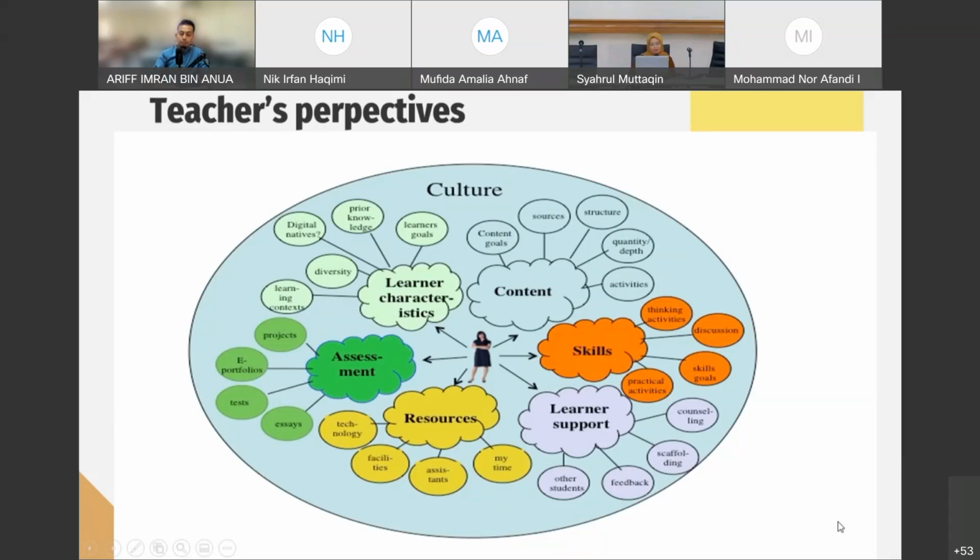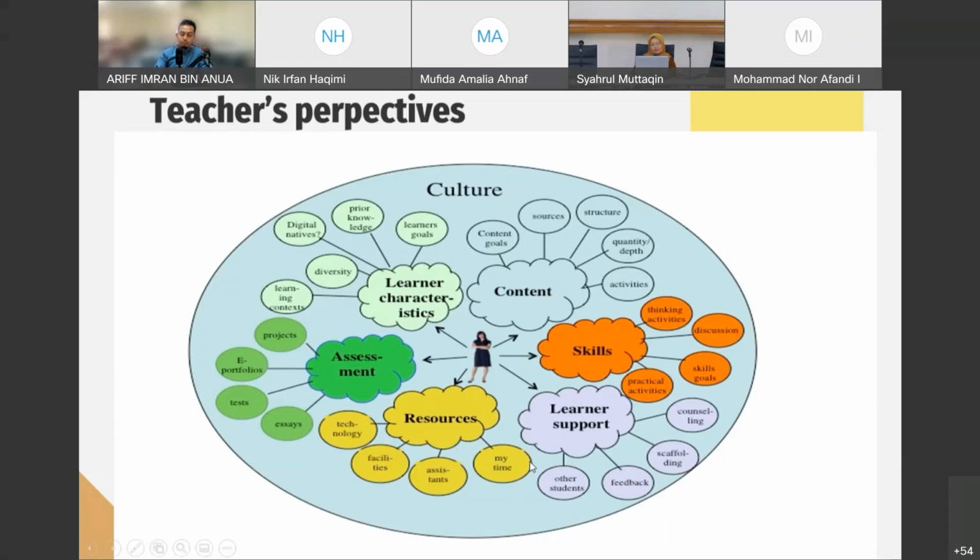Well, ladies and gentlemen, now we come to when learning environments is seen from the eye of the teacher. So this is the teacher's perspective of the learning environments. It will be quite complicated when we see this kind of chart.